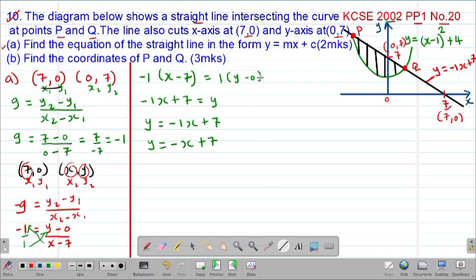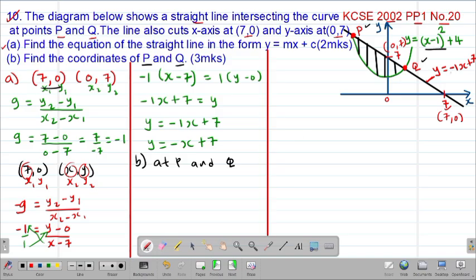Therefore, we move to part B of the question. Now in part B, they want us to get the coordinates of P and Q. Remember, P and Q represent the points of intersection of the line and the curve. At the points P and Q, the equation of the curve must be equal to the equation of the line.